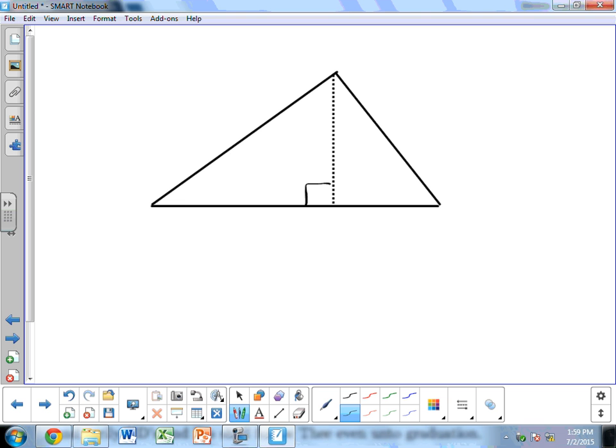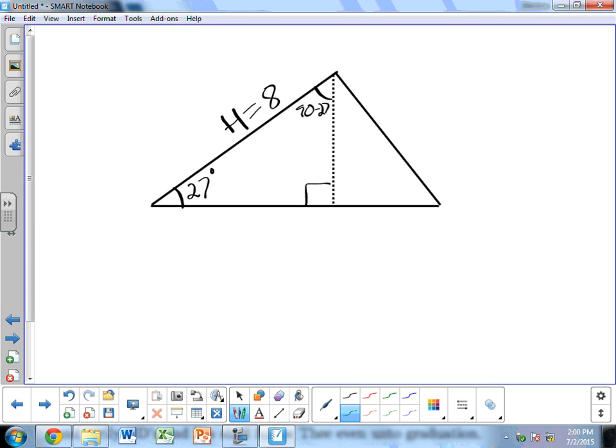And if I'm given this angle and this side, which will now be the hypotenuse, let's say that this angle was 27. Sure, why not? That angle is 27 degrees and the hypotenuse is 8. I can find everything in this triangle. I can find this missing angle by 90 minus 27.